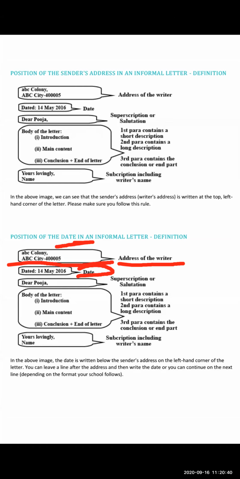In the above image the date is written below the sender's address on the left hand corner of the letter. You can leave a line after the address and then write the date, or you can continue on the text line. It depends on your format.